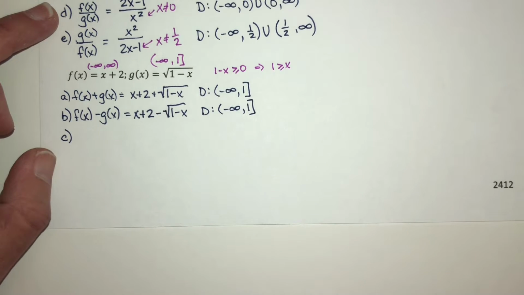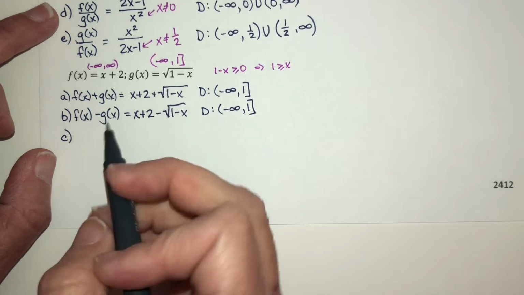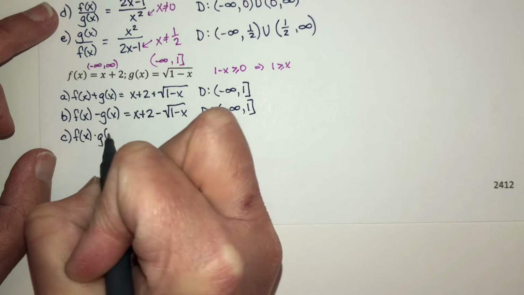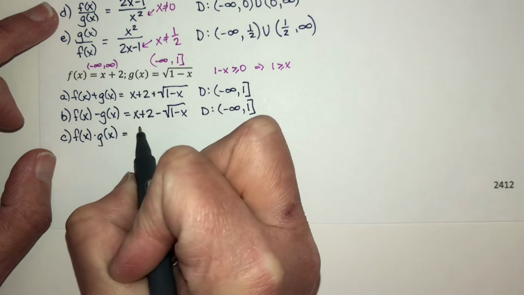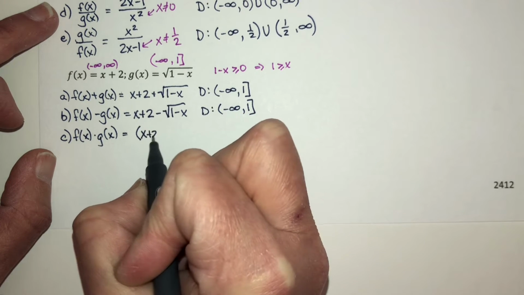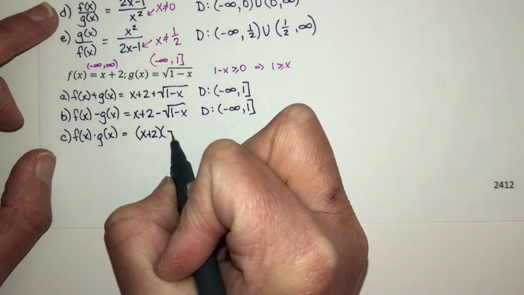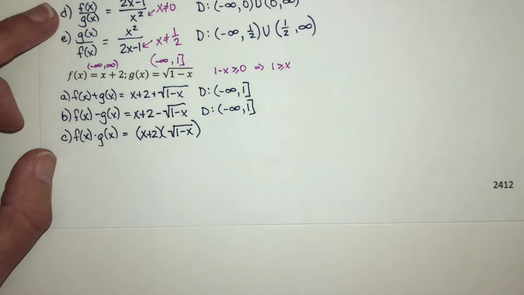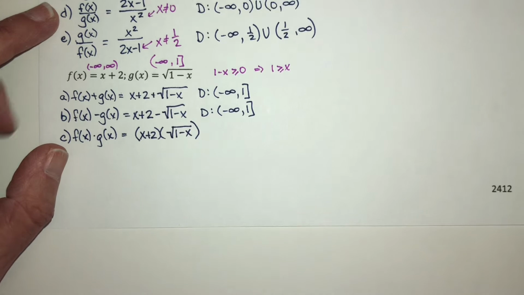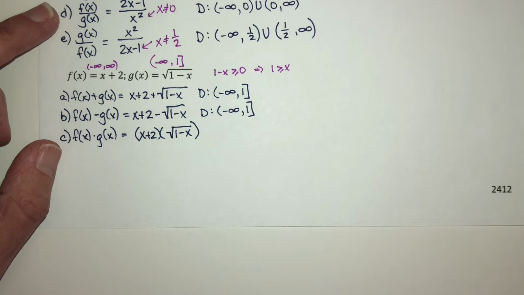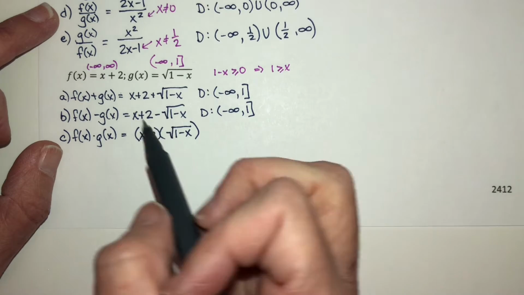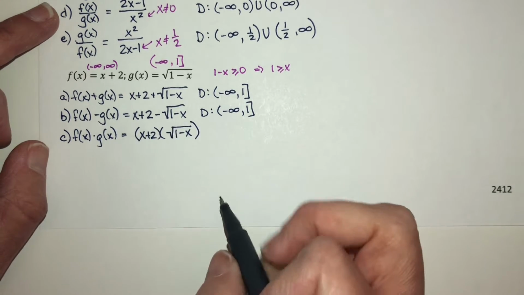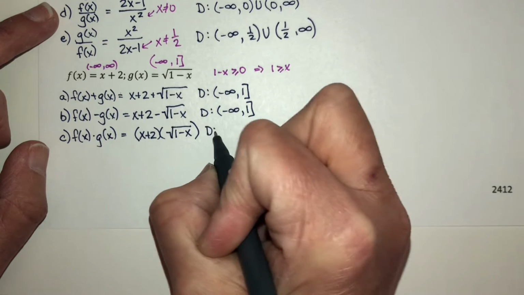Okay, for C, we want to multiply them, so f of x times g of x is x plus 2 times the square root of 1 minus x. They don't want you to do any simplification further than that. And all of this is still okay, and this will still have the same problems, so our domain remains the same.